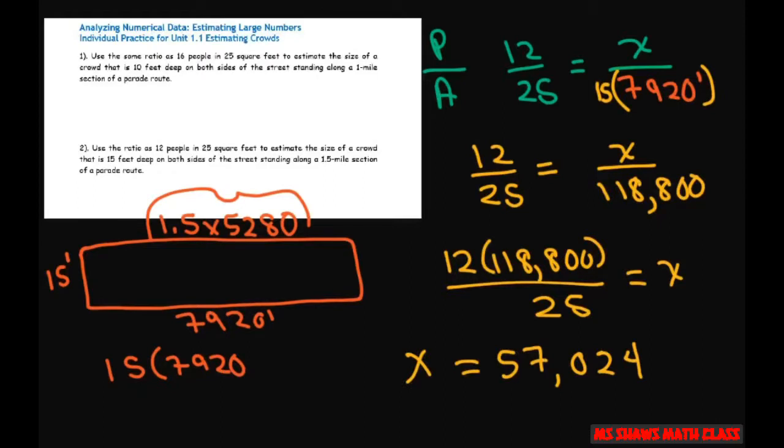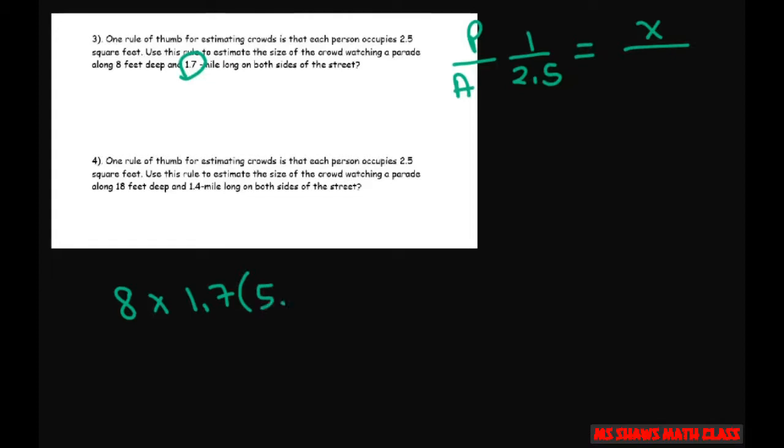All right. And then we've got the same thing going on, so let's go a little faster. 1 is to 2.5 as, and this is your people to area, as x is what we're looking for, is to, we're doing our area. So that's going to be 8 times 1.7 times 5,280.